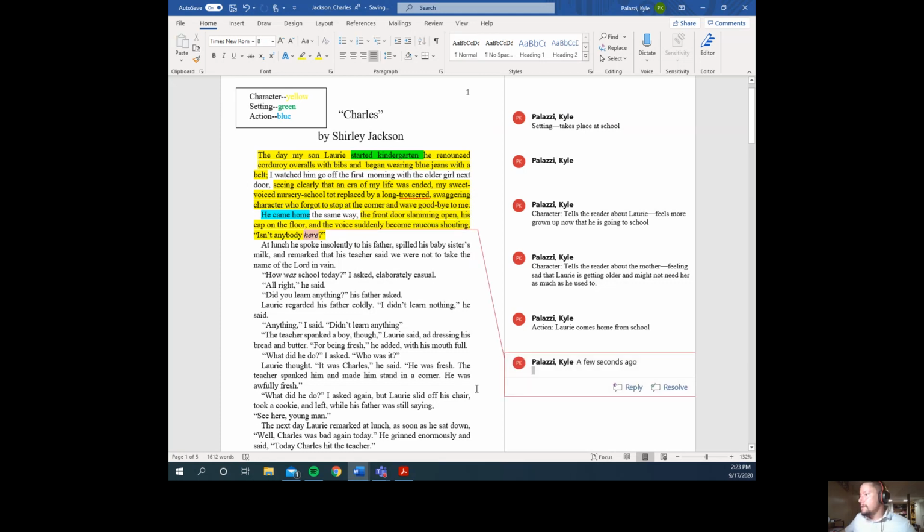So again, we can label this character, telling the reader about the way Laurie acts. And how does Laurie act? Well, he slams doors. He throws his things on the floor, and he shouts.